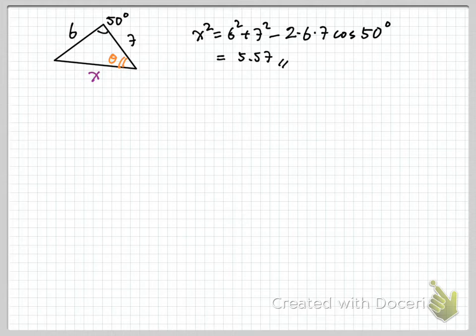Do you know why? Can you spot where the mistake is? The original left-hand side was x squared. So if you put something like this, that means x squared equals 5.57. In fact, it is not. In fact, it should be x equals 5.57, right? Do not miss this one.